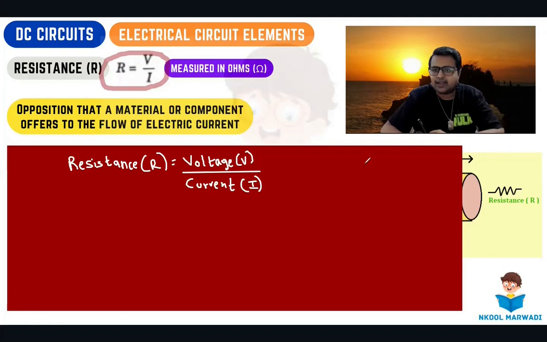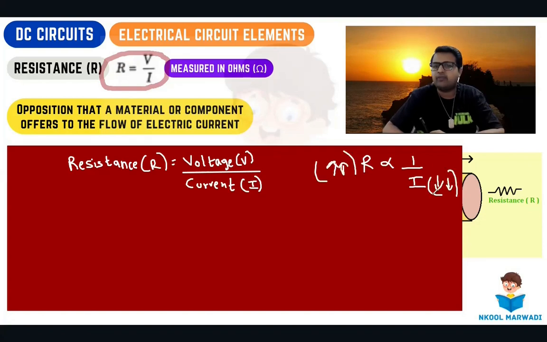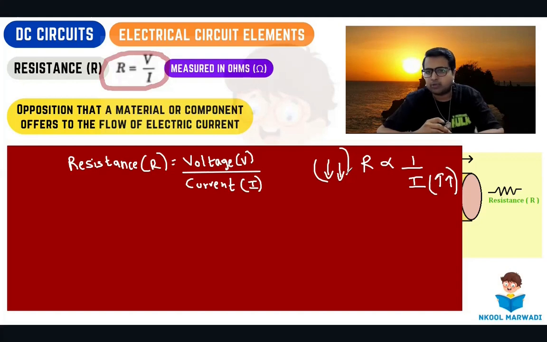So resistance and current are inversely proportional. Very high resistance means a very low current, and very high current implies very low resistance. It is an inverse relation.